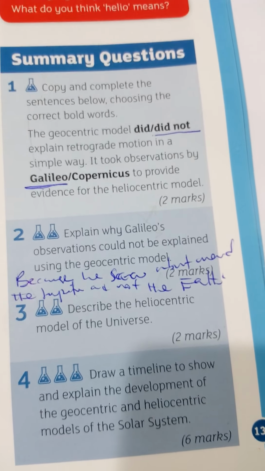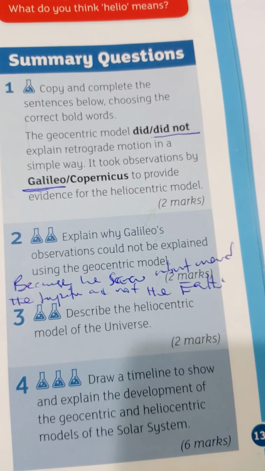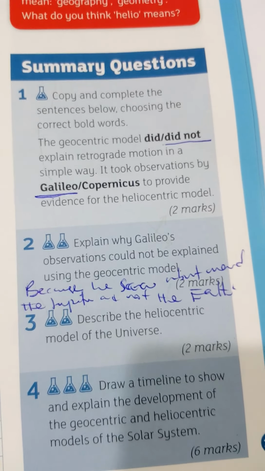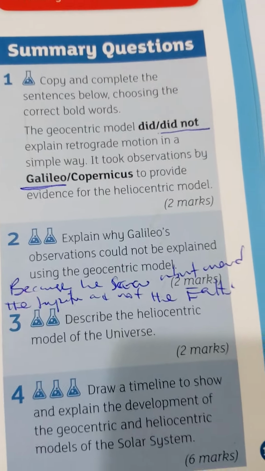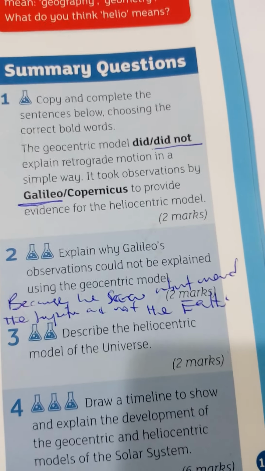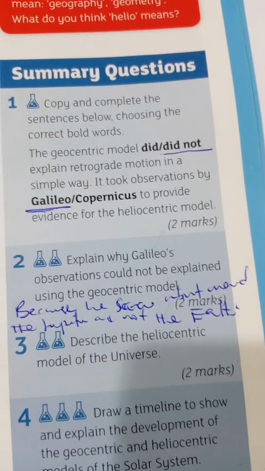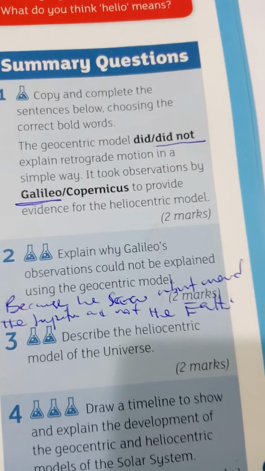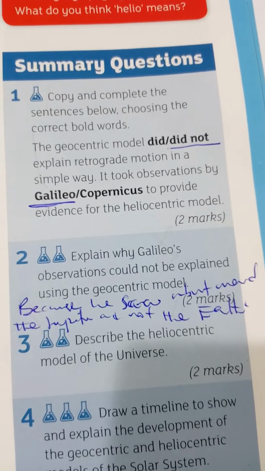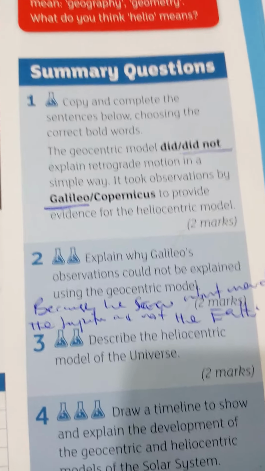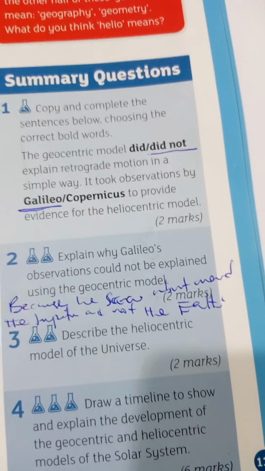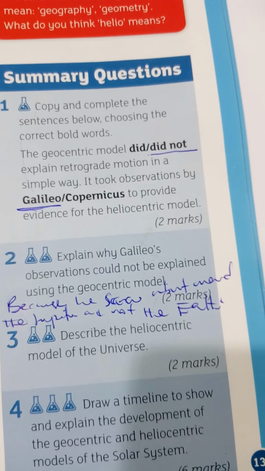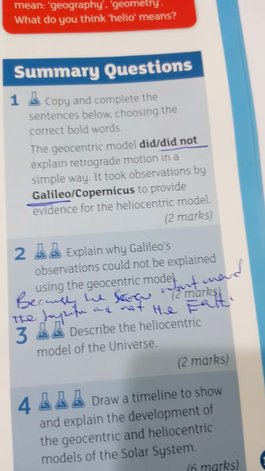Because he saw the orbit around Jupiter, and not around the Earth, okay? He saw the orbit around Jupiter, not around the Earth. That is why we are saying it couldn't be explained using the geocentric model.